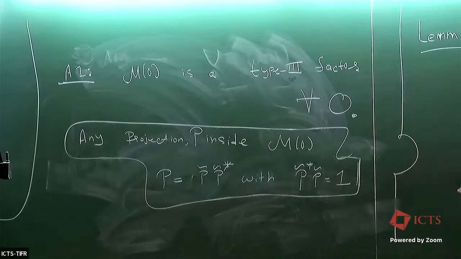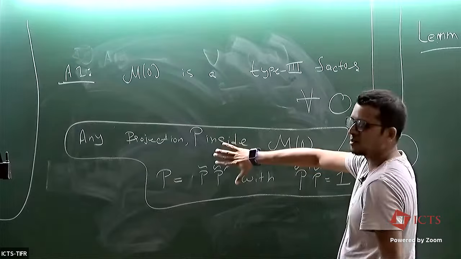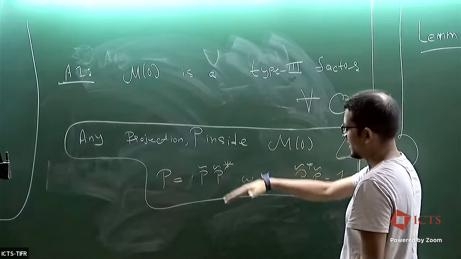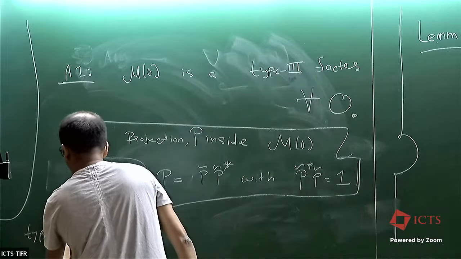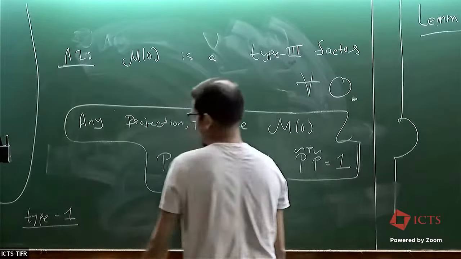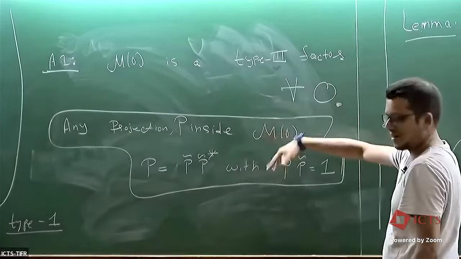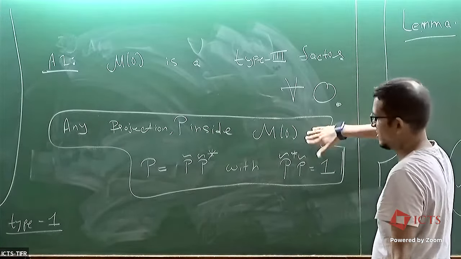Intuitively, for non-experts like me, one way to understand this is to contrast it with type 1. Type 1 is much easier to understand, so let me first recall from Tom's lecture what the type 1 algebra definition is, because that makes it clear what type 3 abstractly stands for, and then we will give some arguments as to what this means in physics terms.